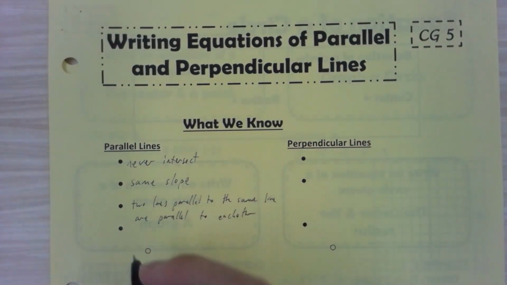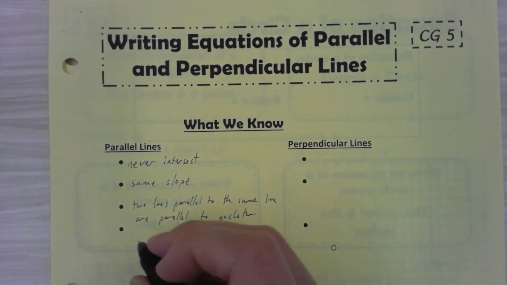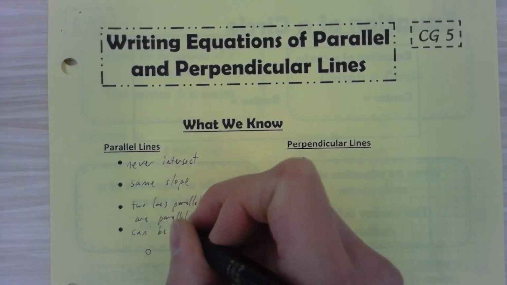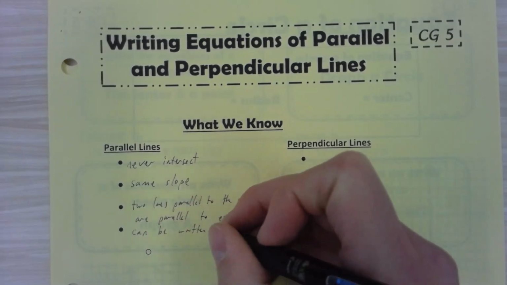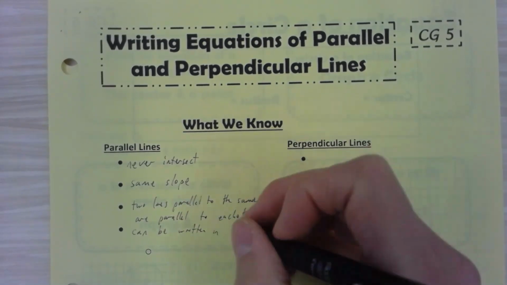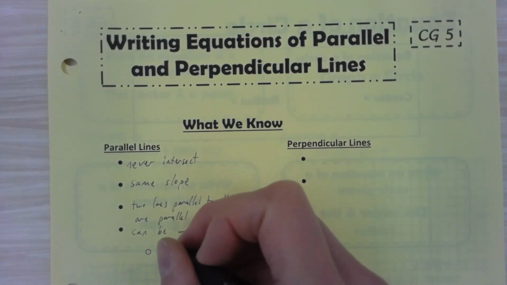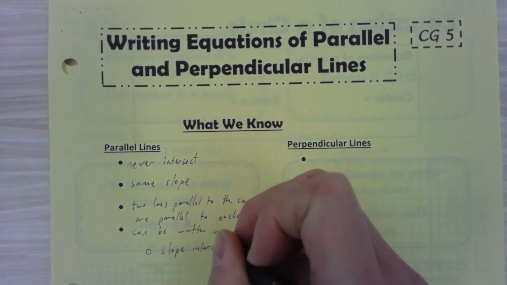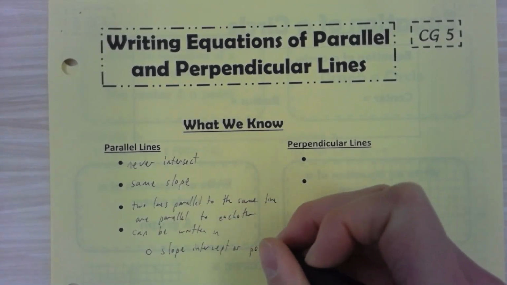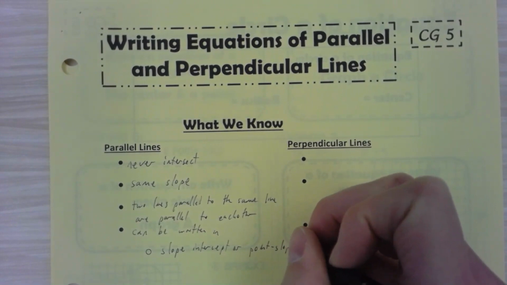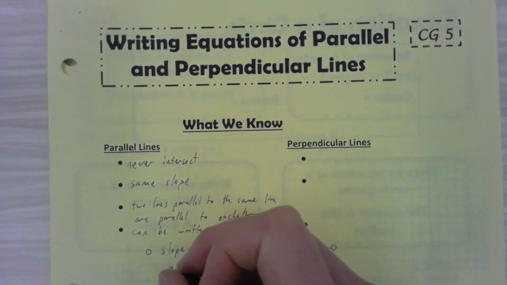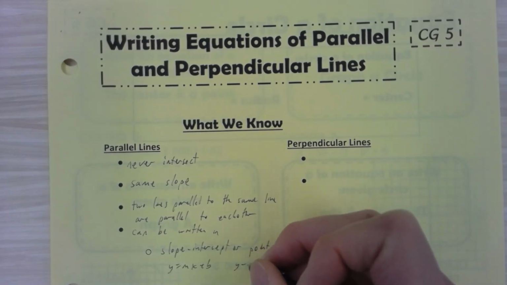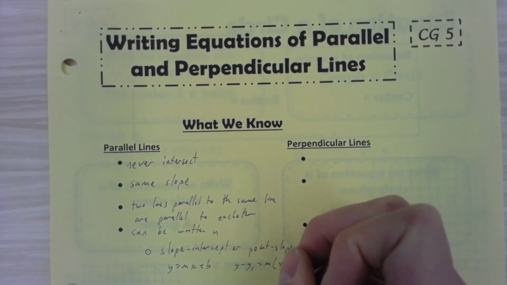Now, for both parallel and perpendicular lines, we can write them in slope-intercept or point-slope form. So the y equals mx plus b, or the point slope y minus y1 equals m times x minus x1.